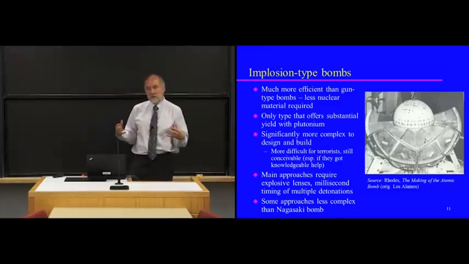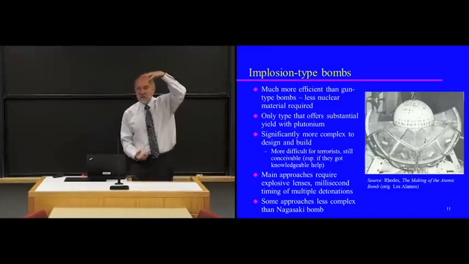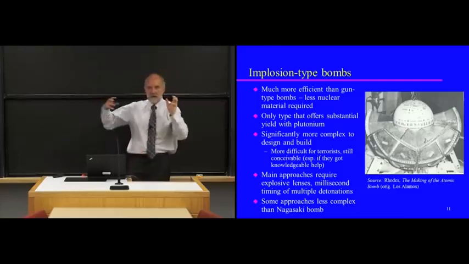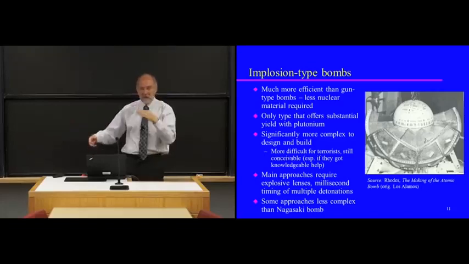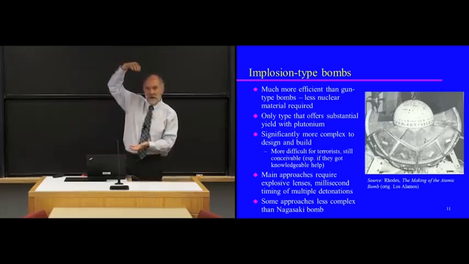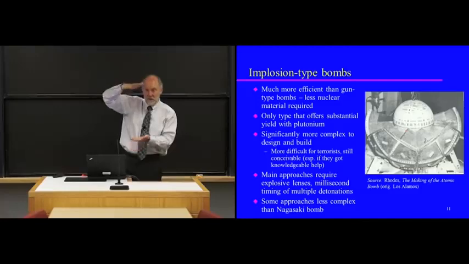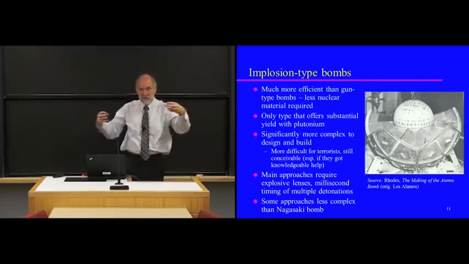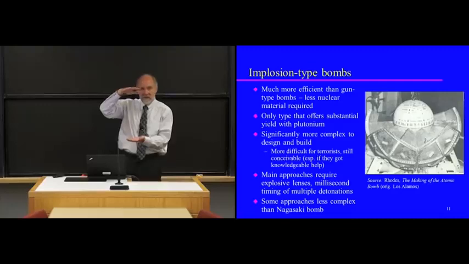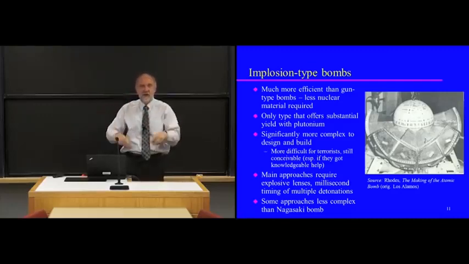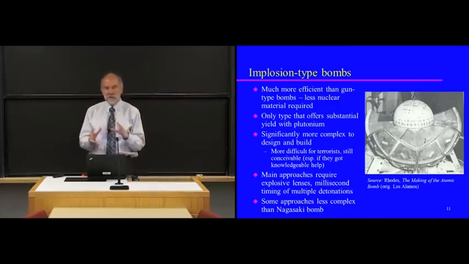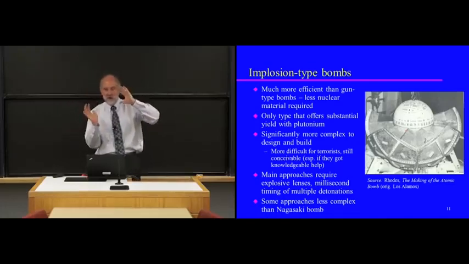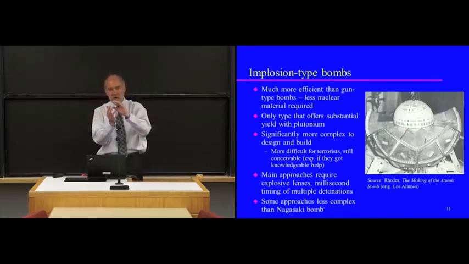Now, what you need to do in this situation is you need to detonate the explosives at exactly the same time all around this bomb, because if the explosives on this side go off first, before the explosives on the sides go off, what you'll have is not a crushed ball, but a pancake. And remember, in a pancake, the neutrons are leaking out all over the place. Okay? So what you want is a crushed ball, which means you need the explosive shock wave to be a spherical shock wave going inward.